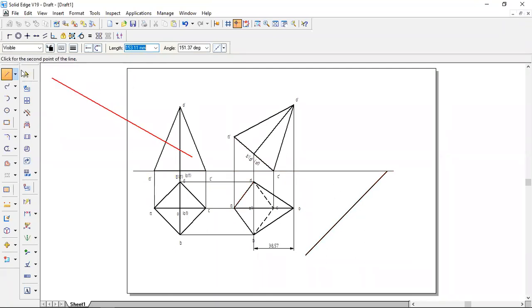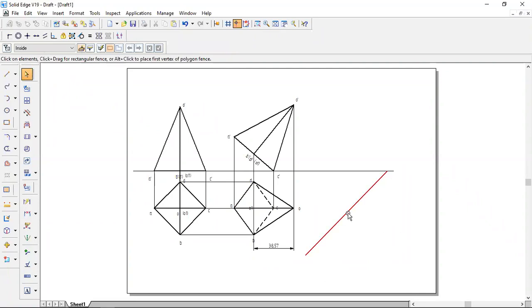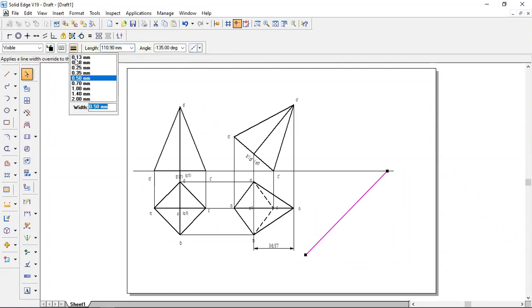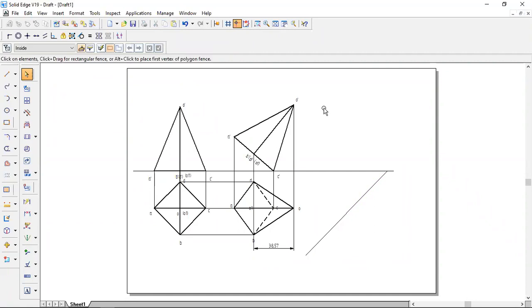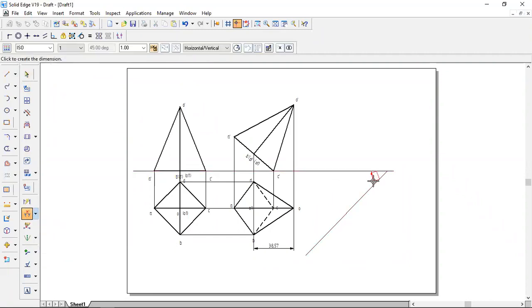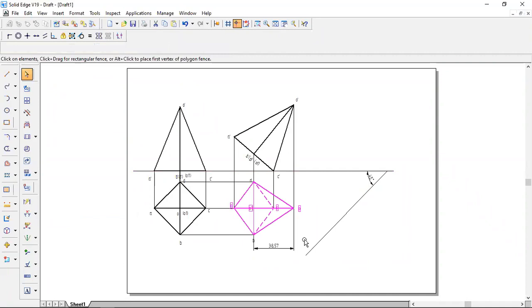It should be a construction line, with 0.13 thickness. Once you have done this, measure the angle between them, 45 degrees.